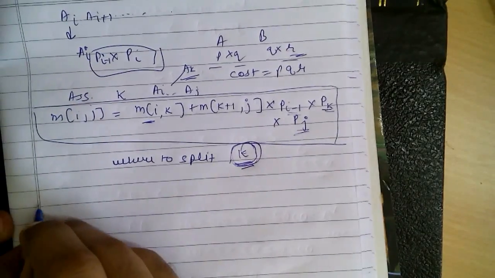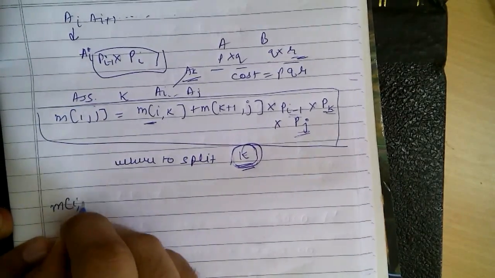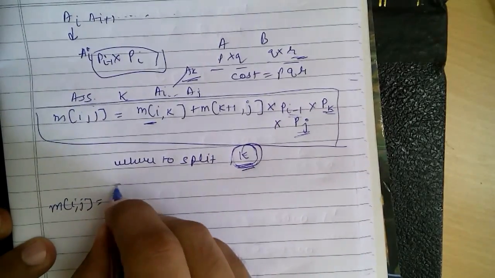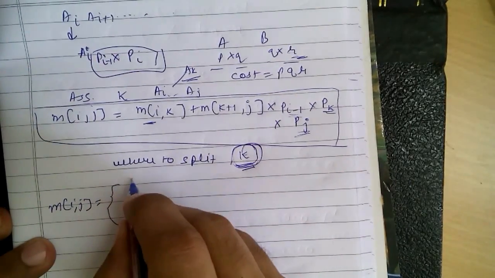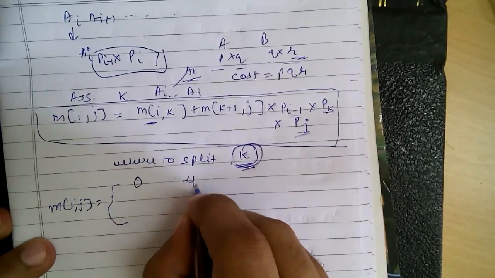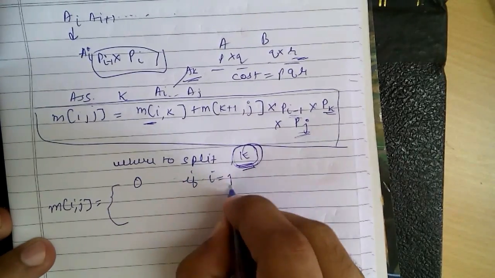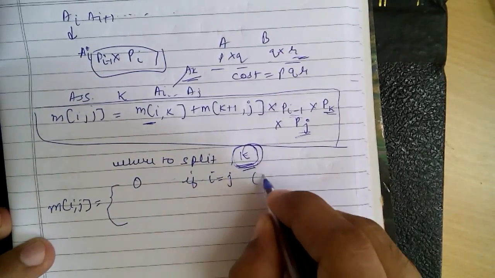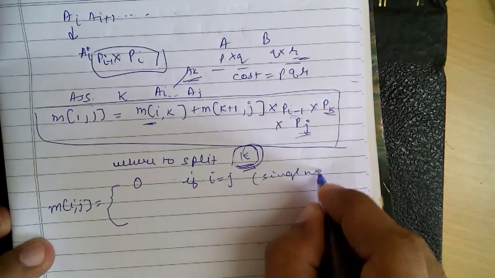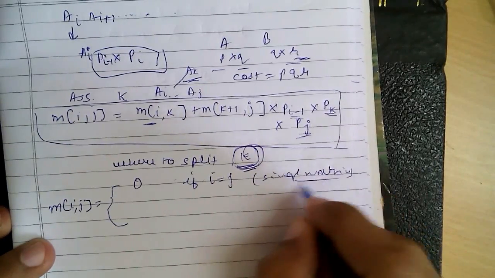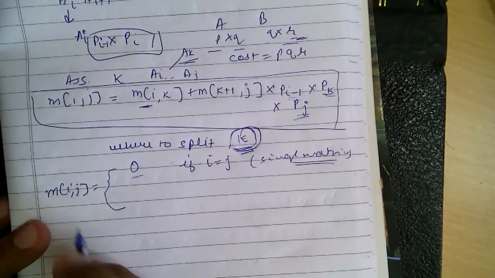So our expression changes a bit: m of ij is 0 if i equals j, that is a single matrix, no cost is there.